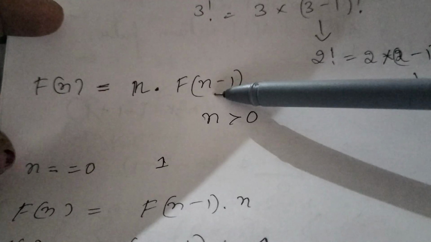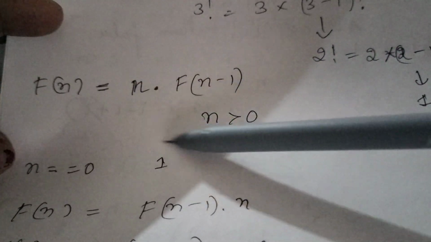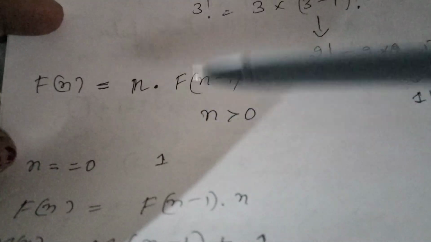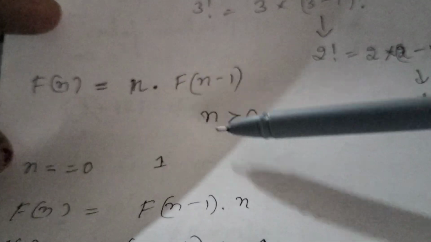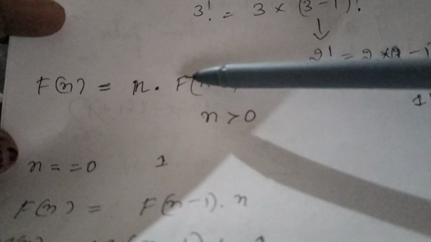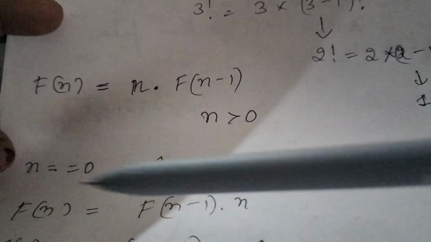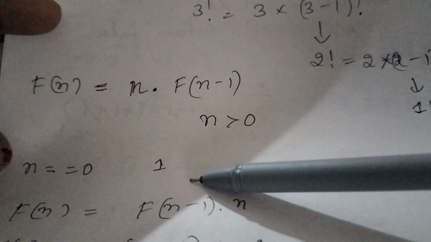If it is other than 0 factorial, then we are supposed to perform the general operation. Using these two conditions, whenever the n value is greater than 0, we perform n into f of n minus 1. And if the n value is exactly 0, then we return only the value 1 to the main function.